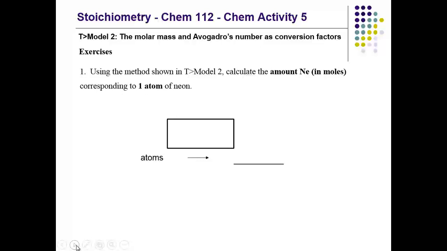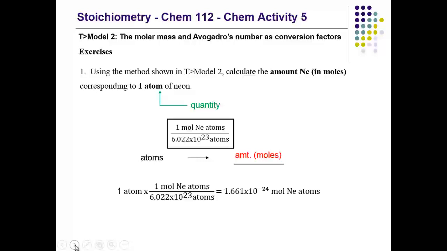In this first exercise, it's almost exactly like the key question number 2, except in this case the quantity is a really small number, 1 atom, but it doesn't change the nature of the calculation. You're going to change the number of atoms to the amount, and it's the exact same conversion factor that we saw before. So it'll be 1 atom times the conversion factor will give us the final answer.